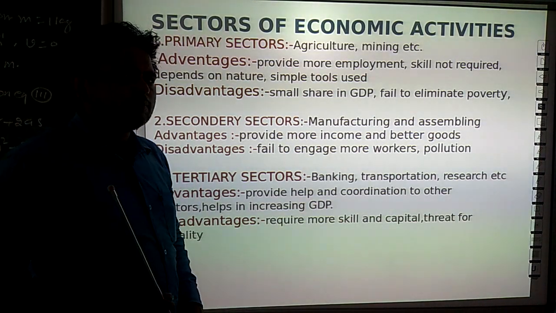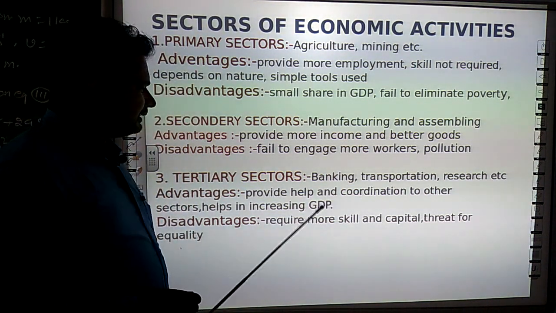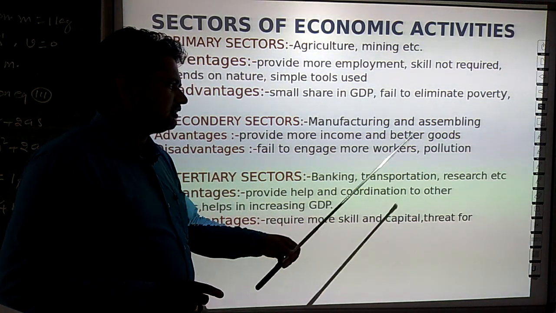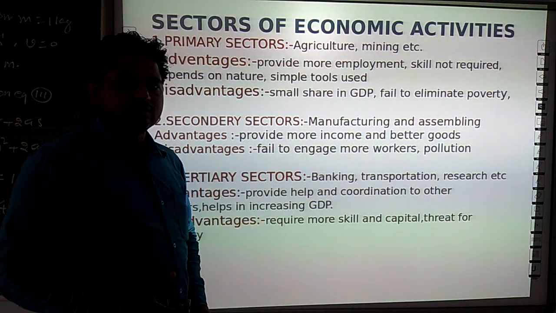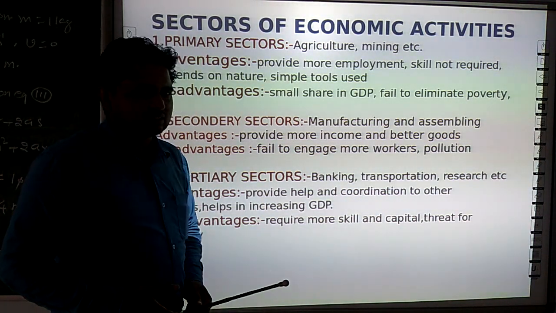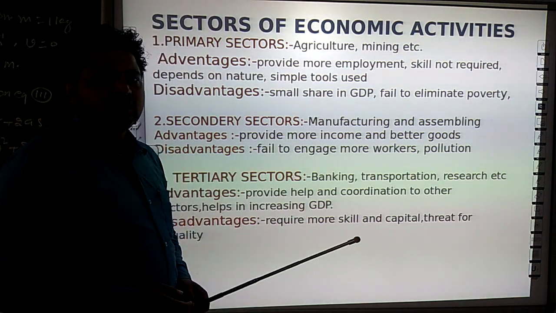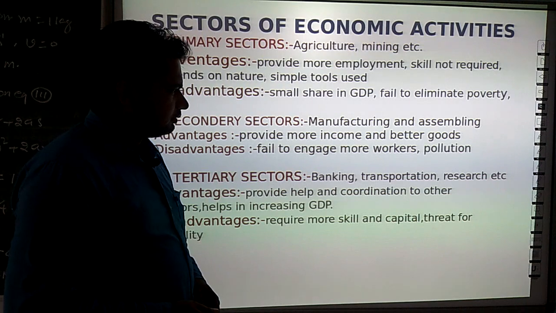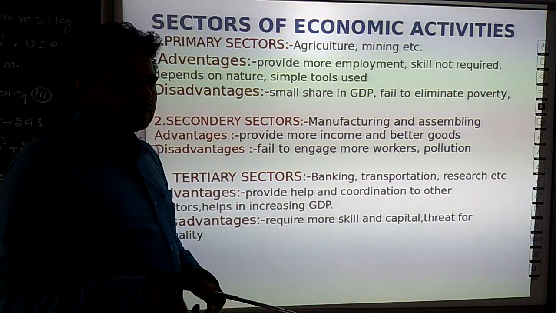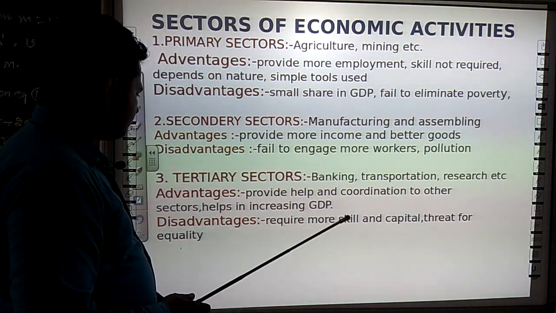Disadvantage: it requires more skill and capital. For getting involved in the tertiary sector like banking, transportation or even research, a person needs too much money or capital for acquiring certain types of licenses, and to help people it certainly needs vast capital, either in the form of money or knowledge.